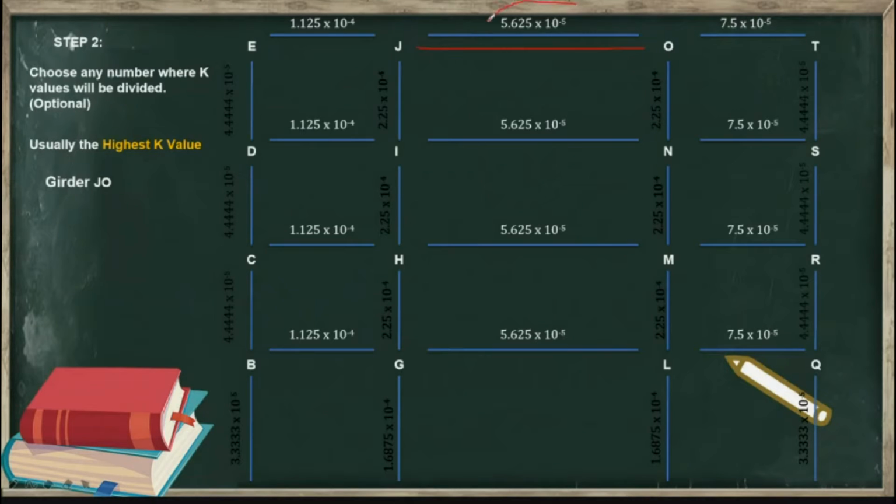We have the stiffness factor for this girder of 5.625 times 10 raised to negative 5.